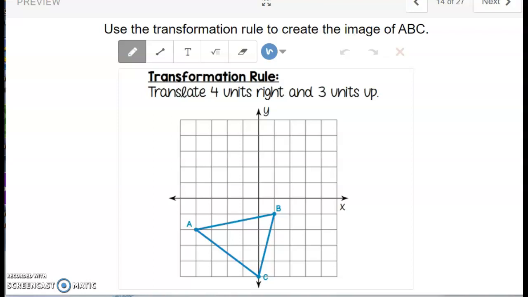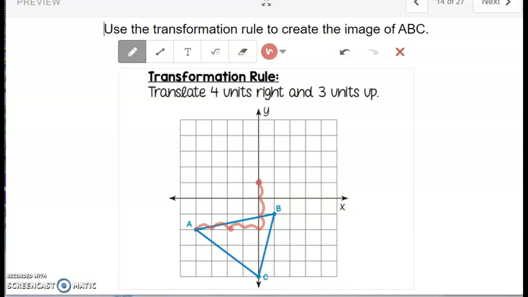For example, let's pick the point A. If I move the point A 4 units to the right and 3 units up, I am going to move 1, 2, 3, 4 units to the right and 1, 2, 3 units up. So the new location of A will be right here. This is what used to be A. This is the new A.